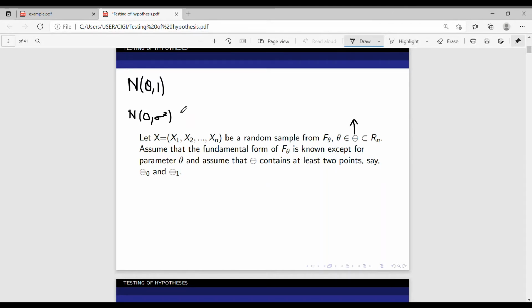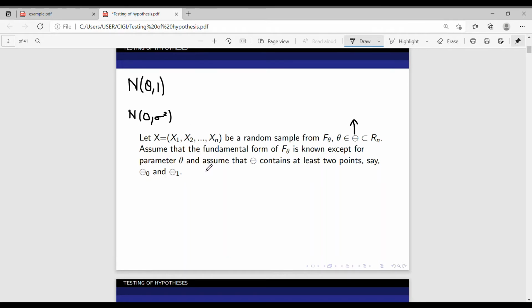That is, we know the distribution of the population is normal with mean theta and variance 1, but the value of theta is not known. We don't have any information about the value of the parameter theta.